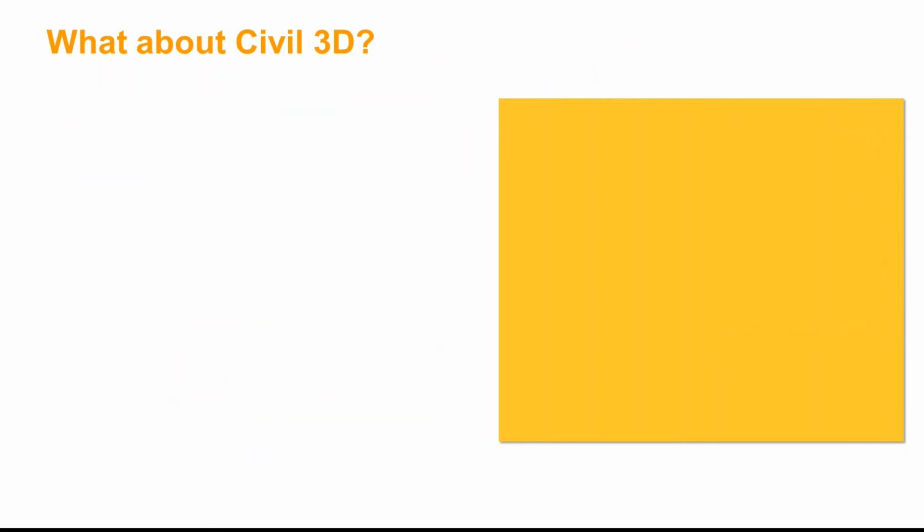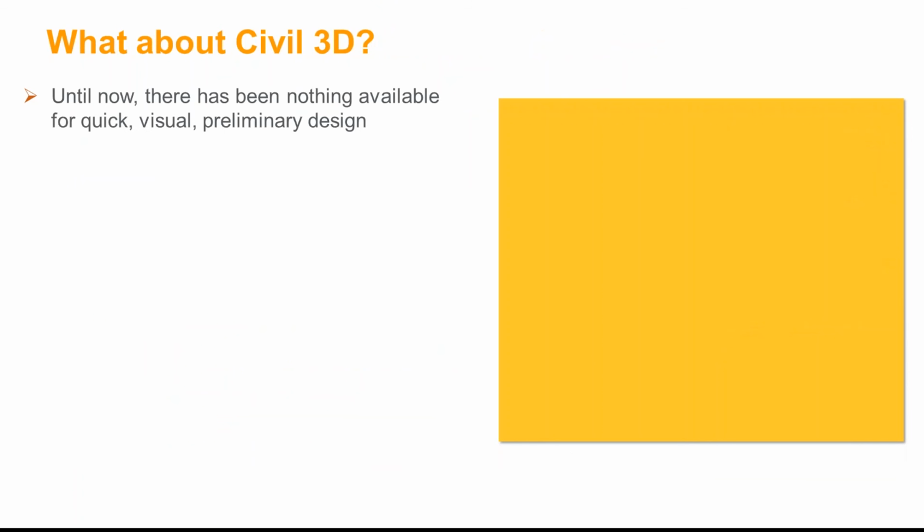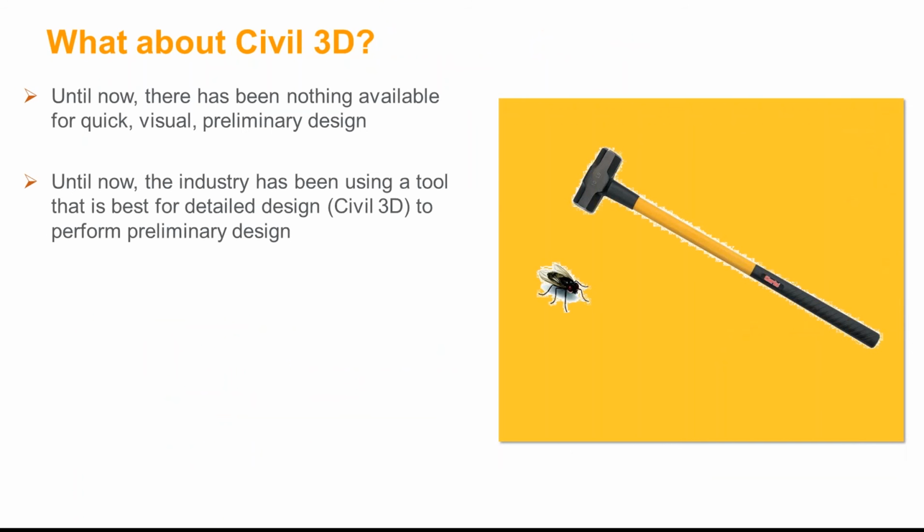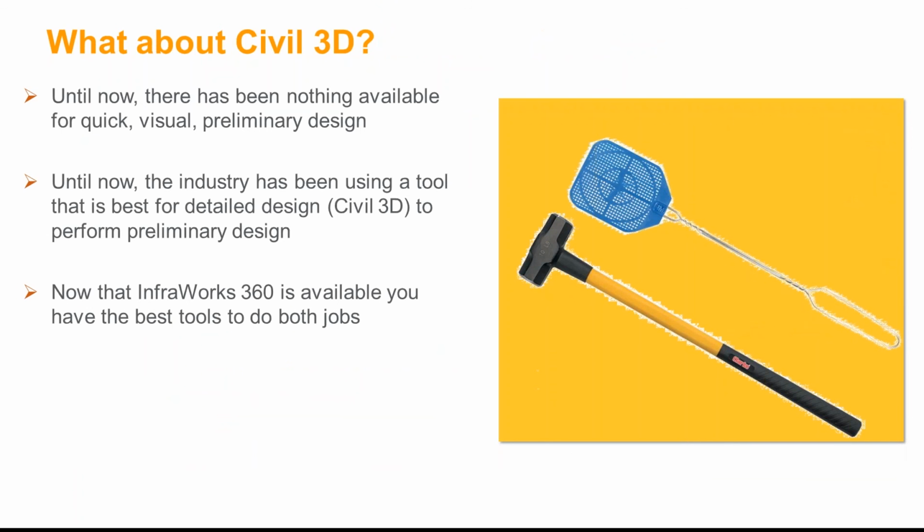So, well, what about Civil 3D? Well, until now, there's been nothing available in Civil 3D for quick visual preliminary design. Everything's very focused and detail-oriented. And until now, the industry has been using a huge tool, which is Civil 3D, to perform very preliminary stuff. And again, you really need a strong skill set to be able to knock that out of the park.